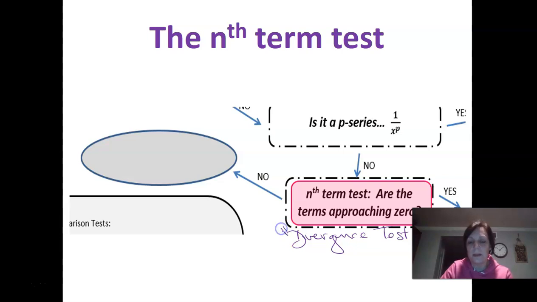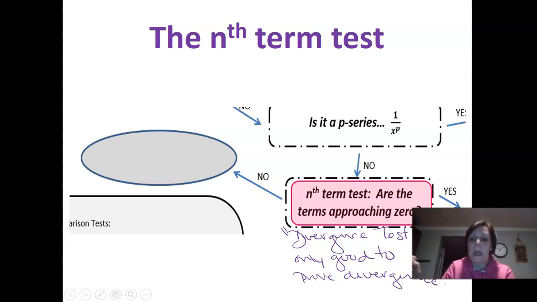And here's why I think that. This test is only good for proving divergence. In other words, there should never be a moment where you say, this converges and my reason is nth term test.